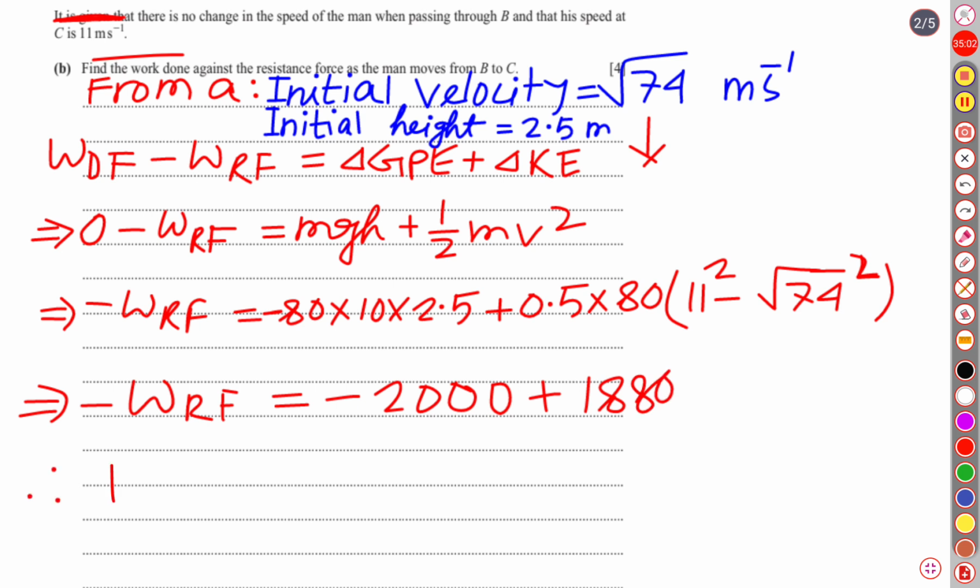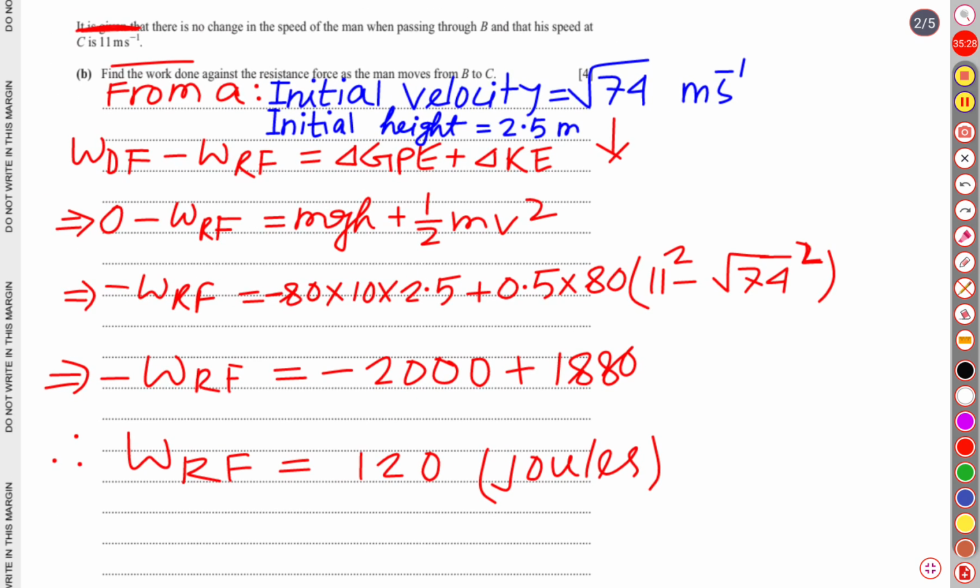Hence, our work done by resistance to motion is going to be, if we subtract 1880 from 2000, 120 joule. 120 joule is the work done against the resistance to motion. So that's all about the solution to this part.